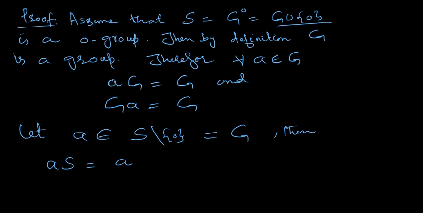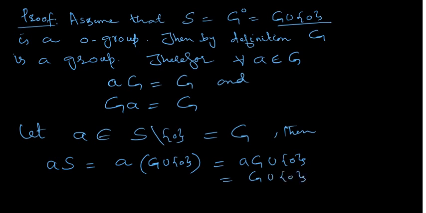S is G union 0 actually. You can easily verify that it's equal to AG union 0. What's AG? AG is the same as G. It's G union 0. What's G union 0? That's equal to S. So therefore AS is equal to S.